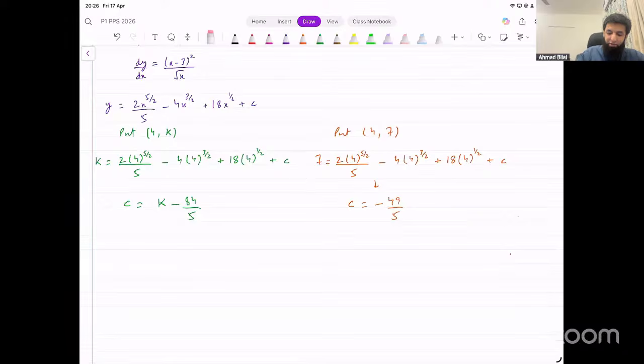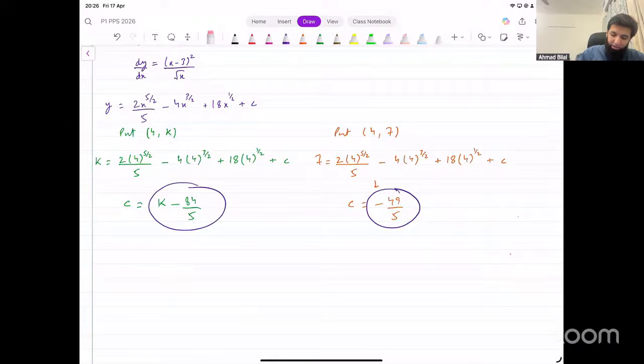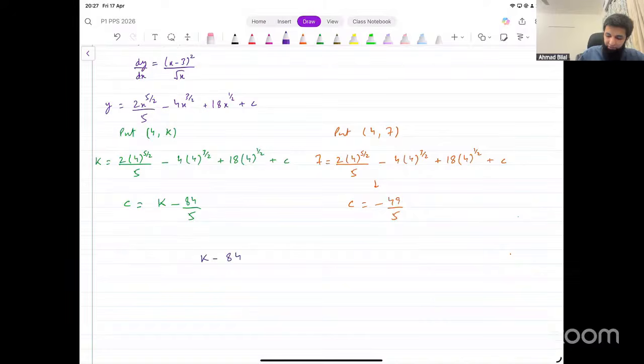That will be the difference between the two. Let's figure that out. Let's evaluate it. This was the previous case, this is the new case. Let's subtract from k minus 84 over 5 the previous number, which was minus 49 over 5.